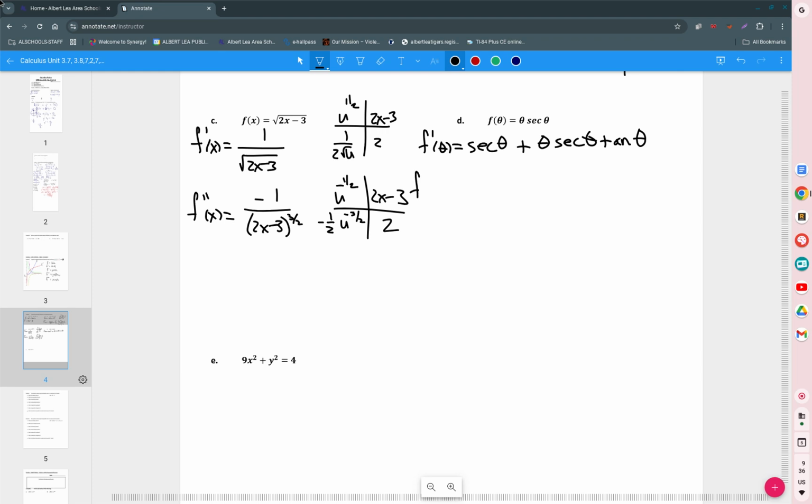Let's find the second derivative. What's the derivative of secant? Secant of theta times tangent of theta. Plus, oh boy.